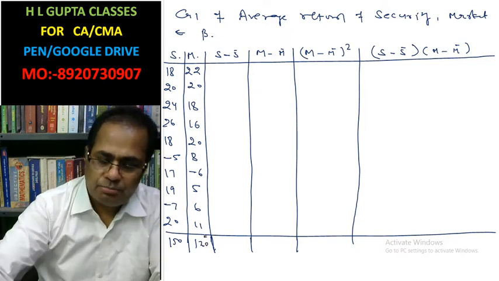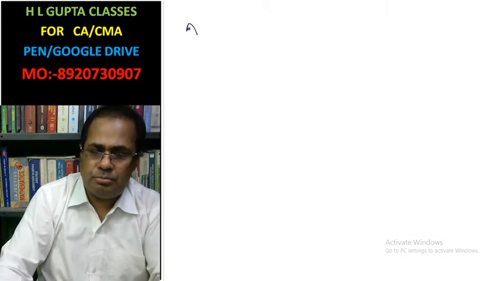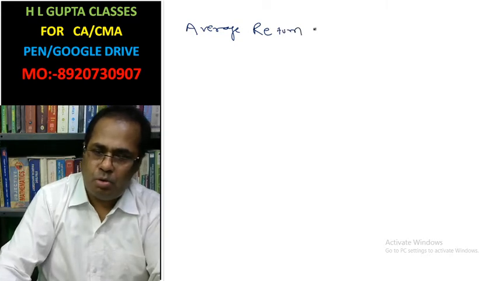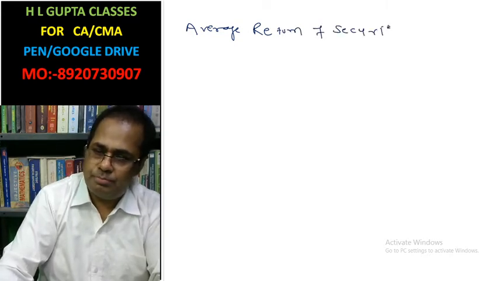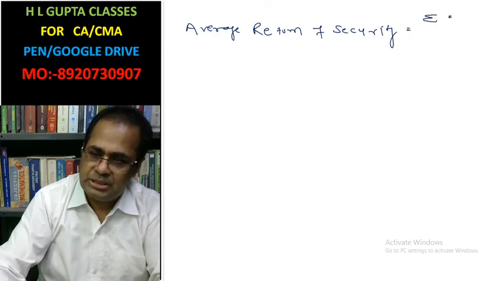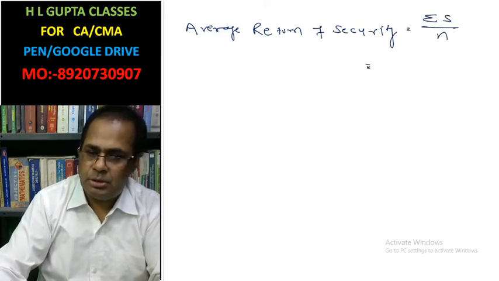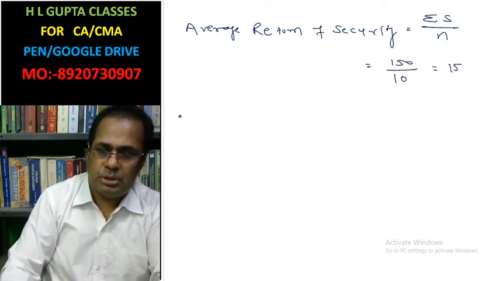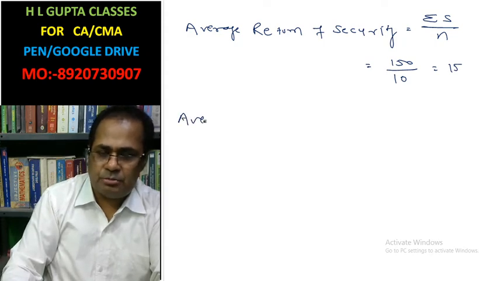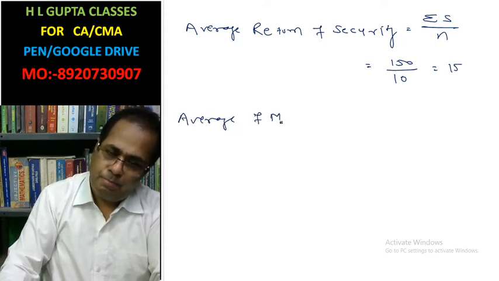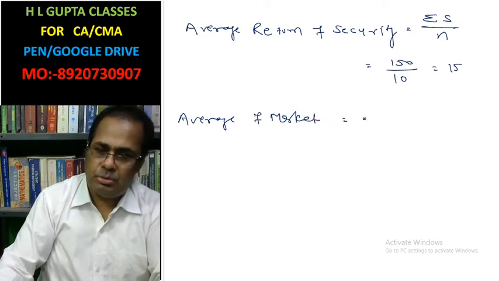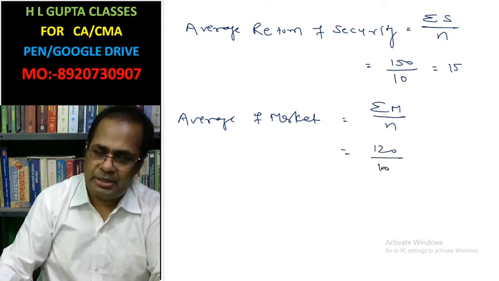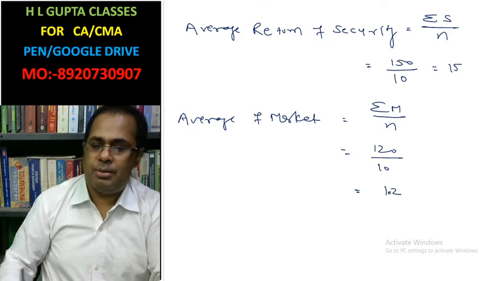You can write here: average return of security is summation S divided by n, 150 divided by total number of observations 10, that equals 15. Average return of market is summation M divided by n, that is 120 divided by 10, this is your 12.